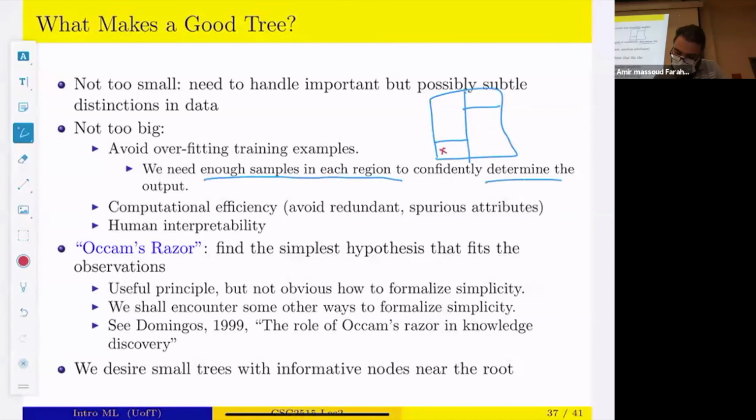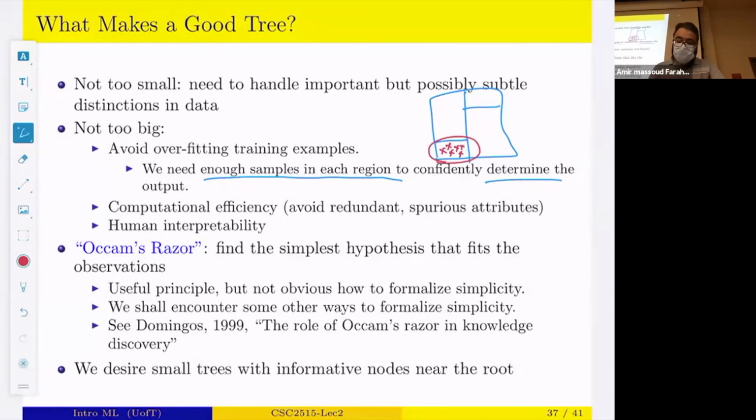If I only have one data point in that region, I can't really be sure whether it was a random red one, or it is the actual class here. But if I have a lot of data points, then I can be more confident that we are making the right decision by saying that in this region the true label is red crosses.